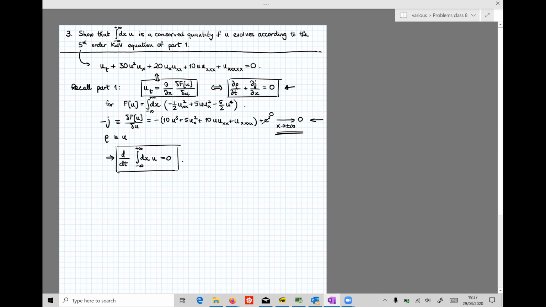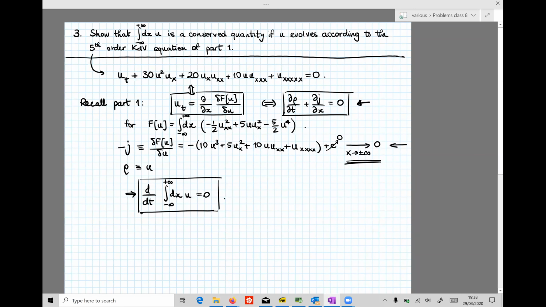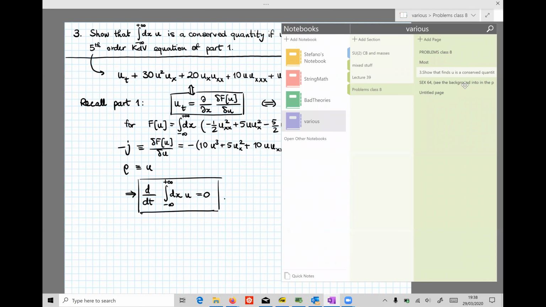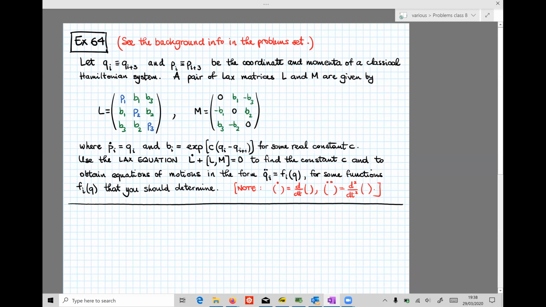Okay, so next exercise is actually a little new. So this is exercise 64. It's an exercise which would have made sense to do in chapter 12 that I don't have time to cover in the lectures because of the strike.